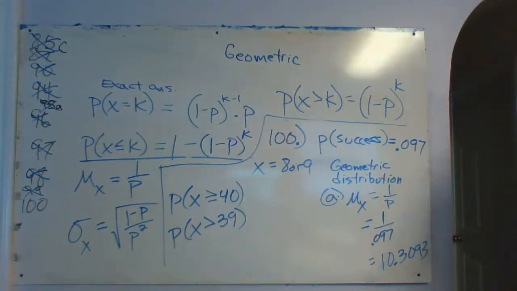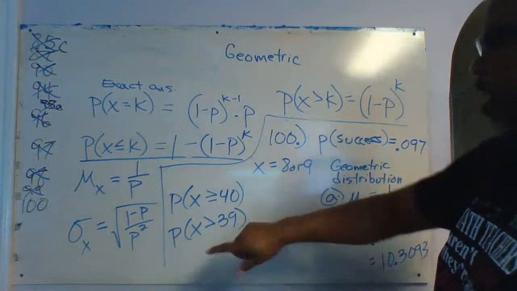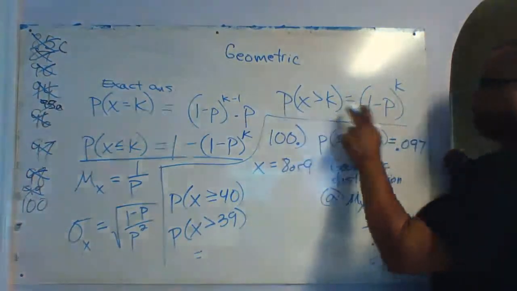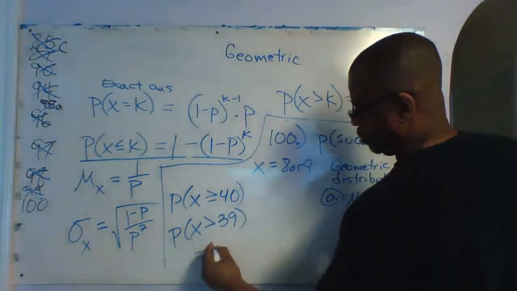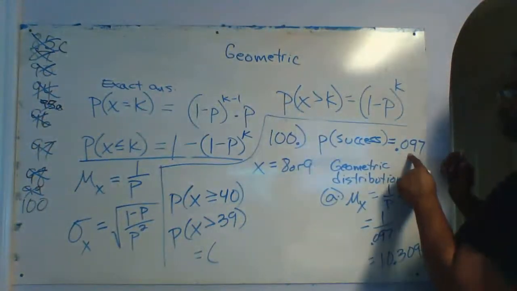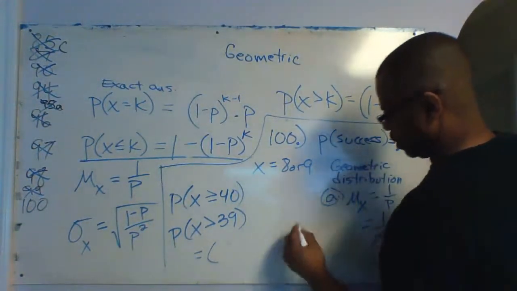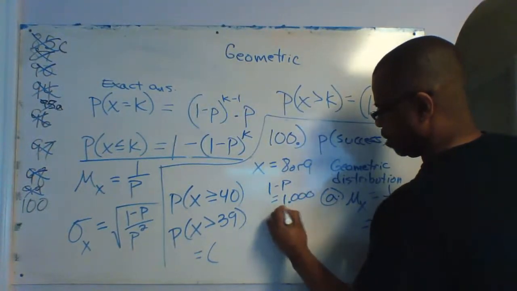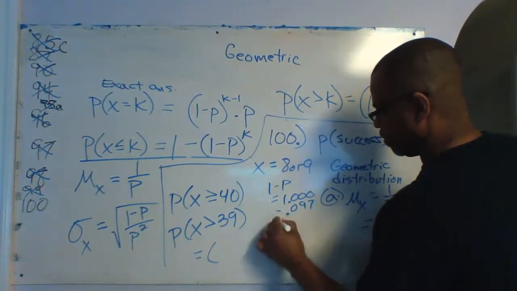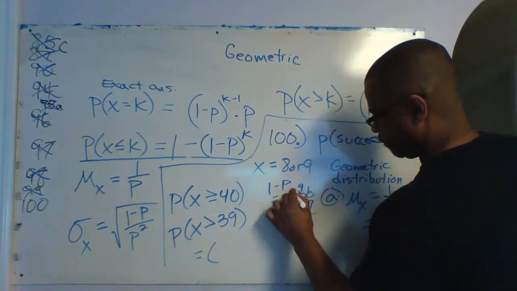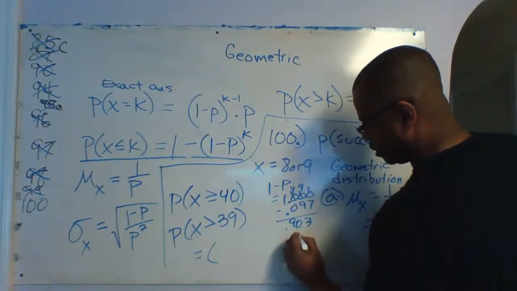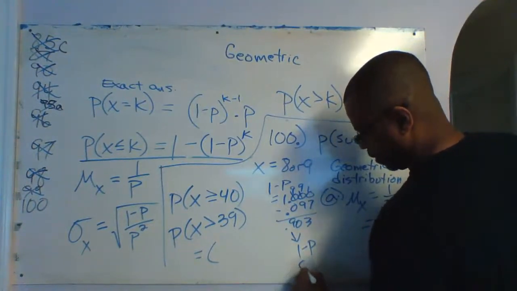Remember, your X values are going to be integers. So I could just do this, then drop down and look up here for my formula for greater than. So I could simply do the failure. This is P, so 1 minus P is simply going to be 1 minus 0.097, basic math. So that's my 1 minus P, which is my failure.